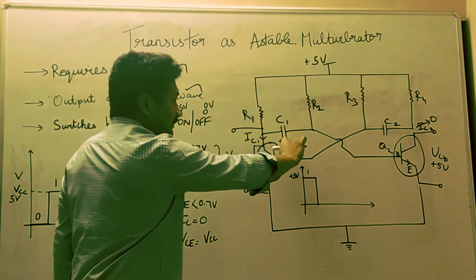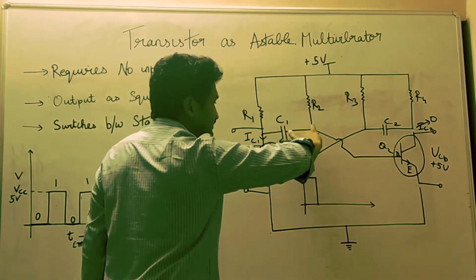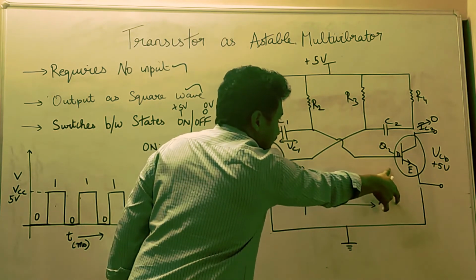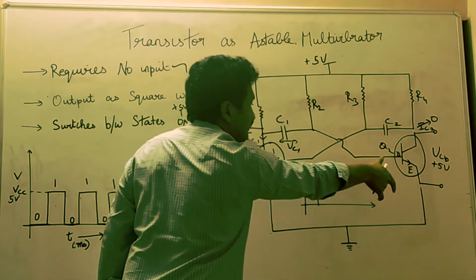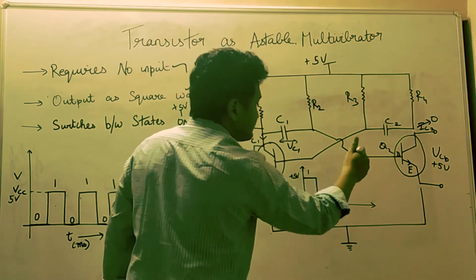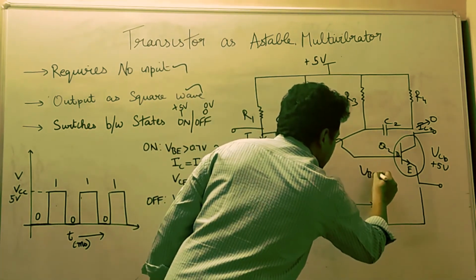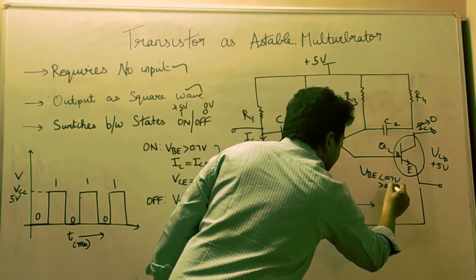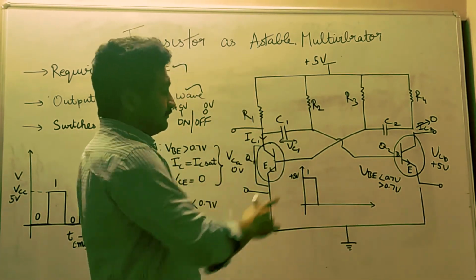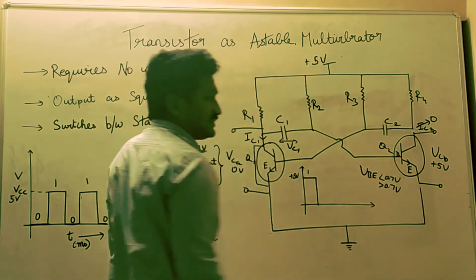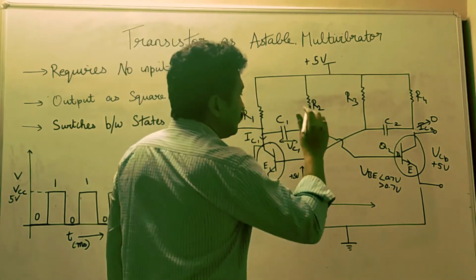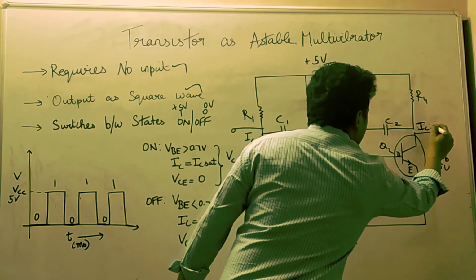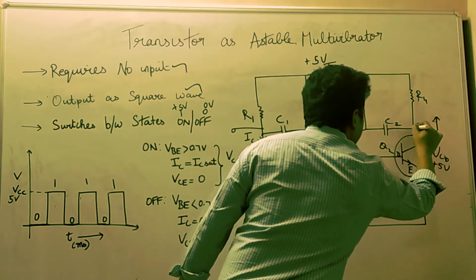If this becomes VC1, this is supplied again to the base of this transistor, the base emitter junction of the transistor. So what happens is VB, which was before less than 0.7 volt, now becomes greater than 0.7 volt. If this base emitter junction becomes greater than 0.7 volt, this collector current becomes maximum.